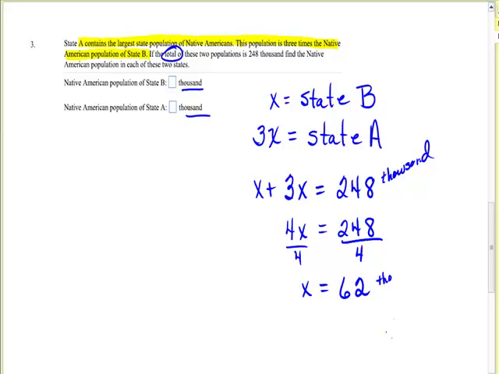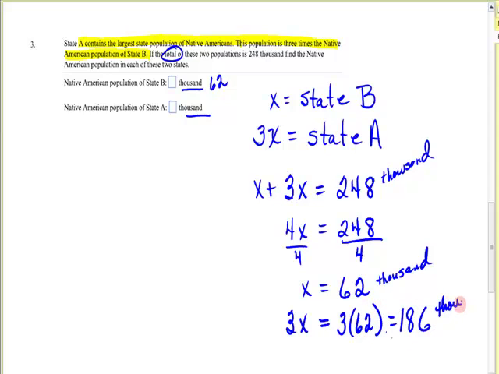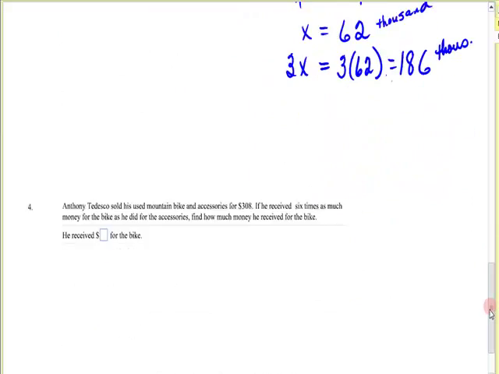And it will be 62,000, but I don't have to write that. X is for State B, so this will be 62. Now I need State A. State A is 3x, which means 3 times 62, which is 186, and once again, it is 1,000. Okay, I hope you're beginning to see similarities between all of these, no matter what the questions are concerned with.